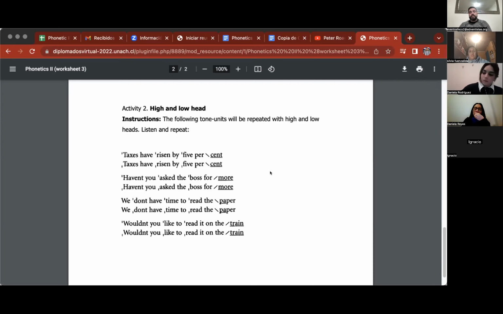Okay, remember that when we talk about high and low head, it means that we keep a high one until we go into the tone that's falling, and the other way around is when we finish with a rising tone. For example, taxes have risen by 5%.